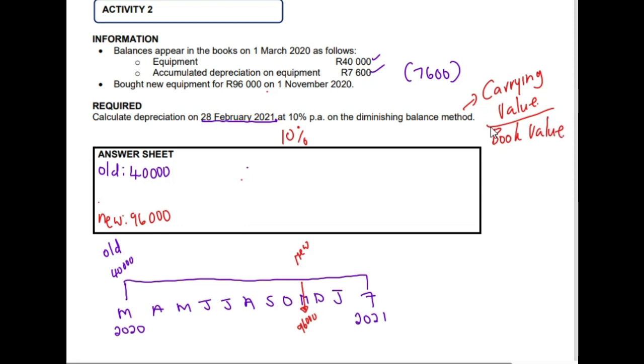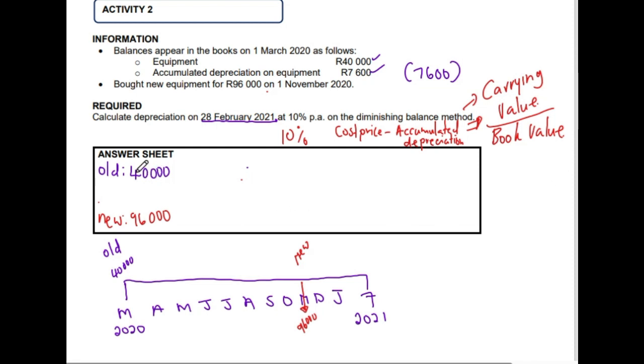To get the carrying value or book value, we say cost price minus accumulated depreciation equals carrying value or book value.